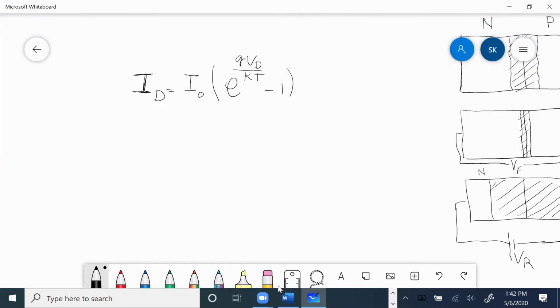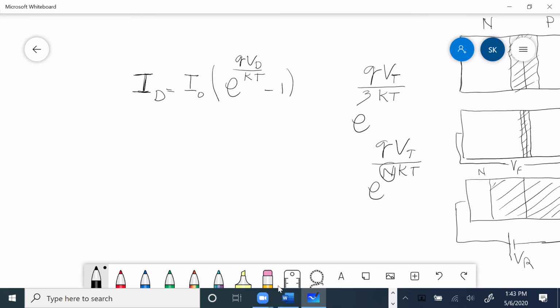Some call it, let me write it down here, e to the qV over eta kT, some call it, as this term has shown, qV divided by nkT.